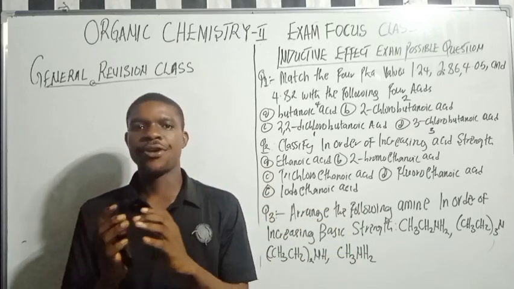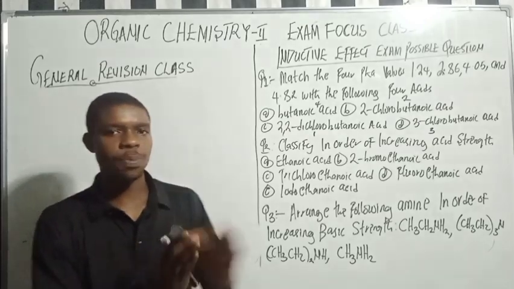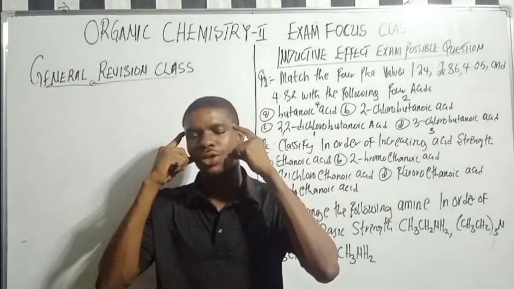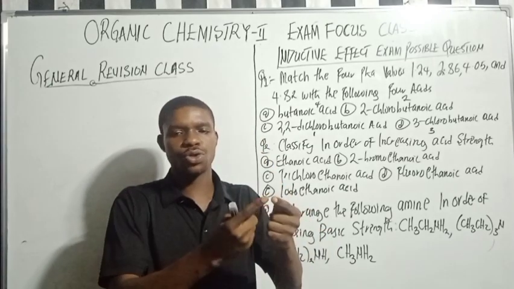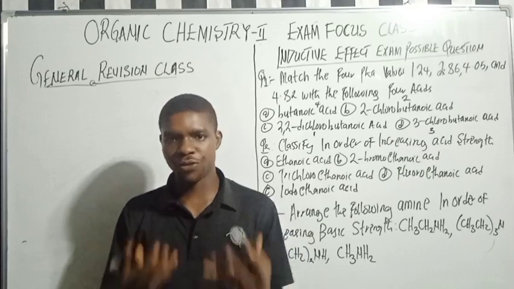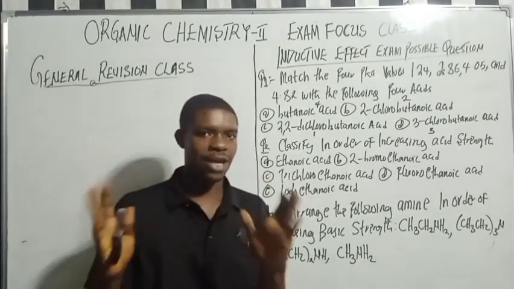If a question asks you to arrange a group of atoms or molecules in increasing or decreasing order, students tend to be unable to do that. At times it also confused me, but I have a simple method I want to teach you now that will be of help to you.